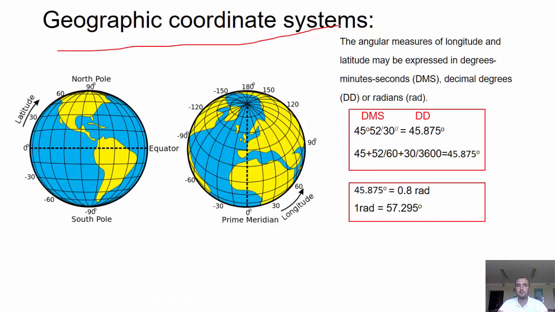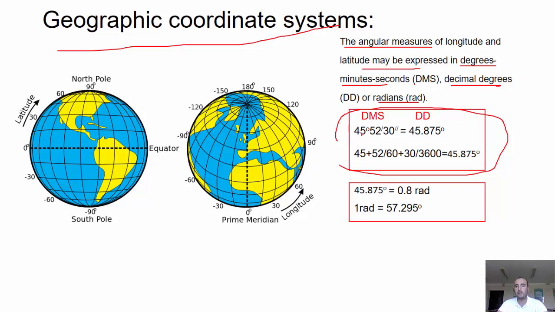The angular measures of longitude and latitude may be expressed in degrees, minutes, seconds, and decimal degrees or radians. And in this table, we can see degrees, minutes, seconds converted to decimal degrees.